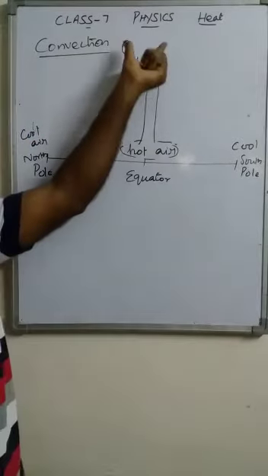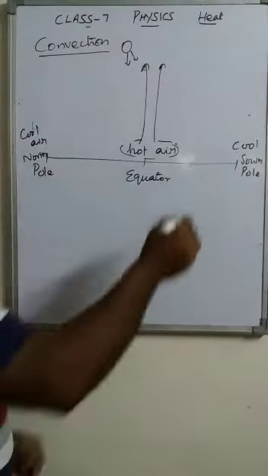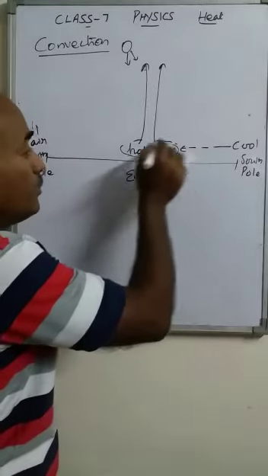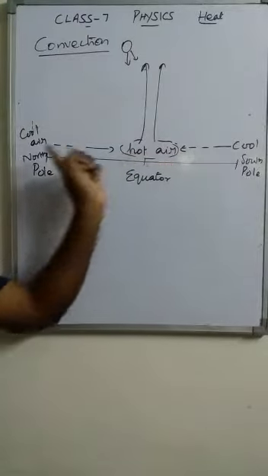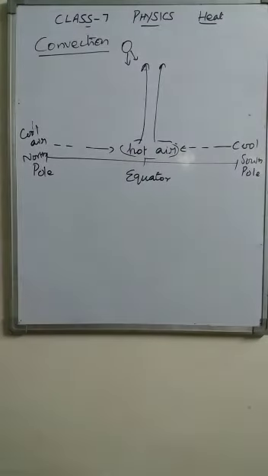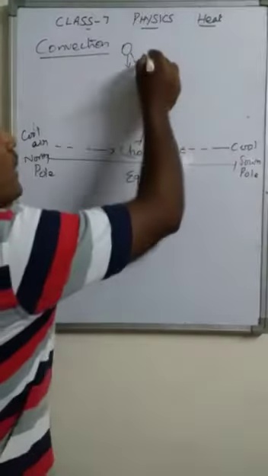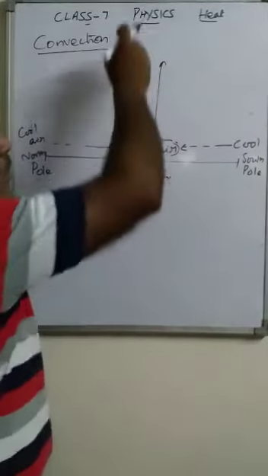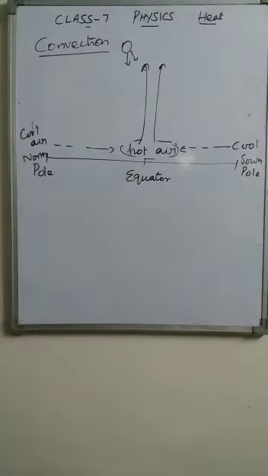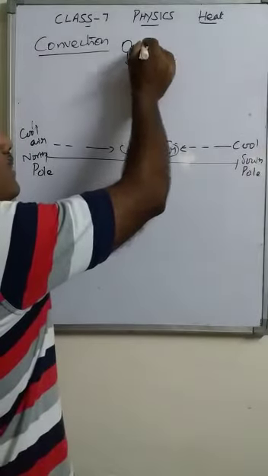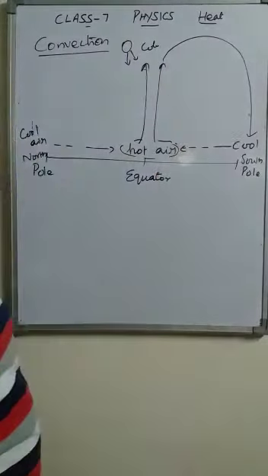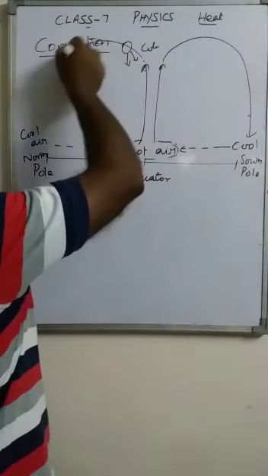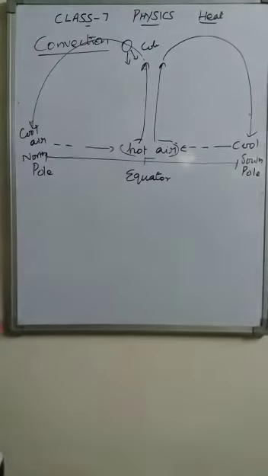Once the hot air rises up, the cool air comes to fill the space from the pole to the equator. As the hot air moves up, once it reaches a particular height, it becomes cold again and goes to the South Pole and the North Pole also.